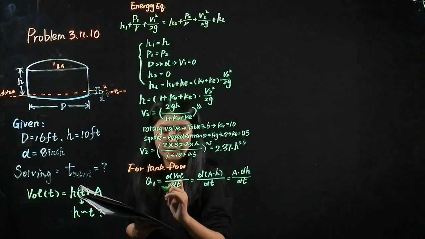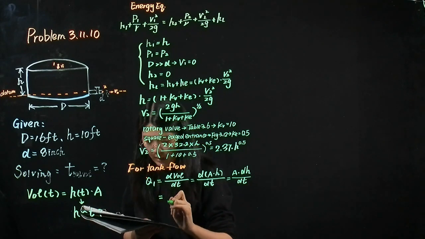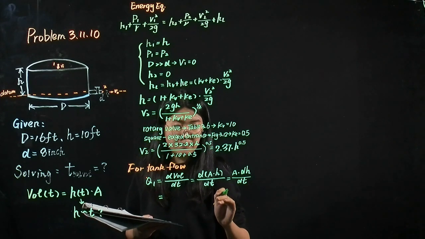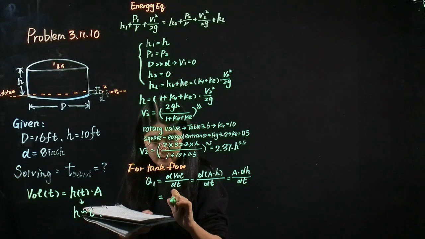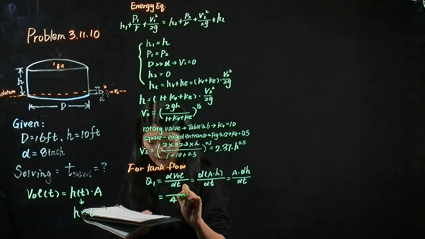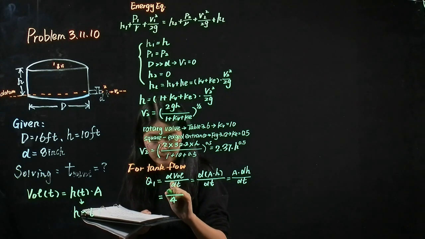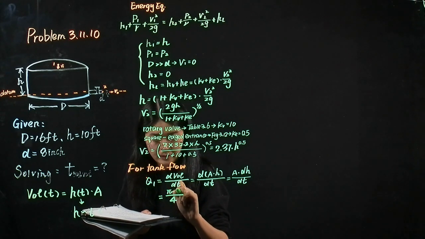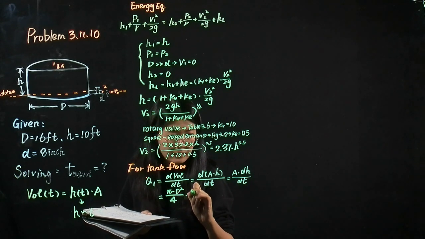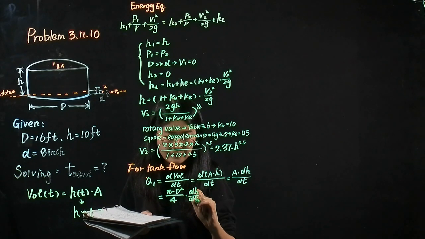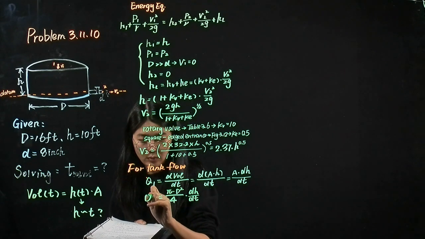And A is equal to 1/4 times pi times D squared, so it can be represented as pi times D squared over 4 times dH over dt. This is Q1.